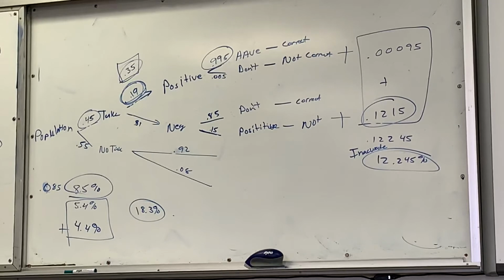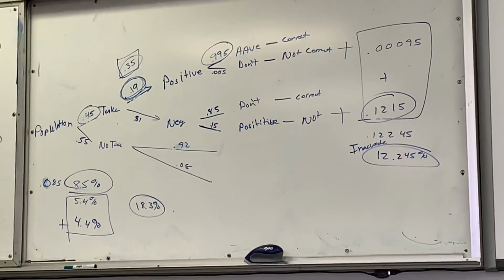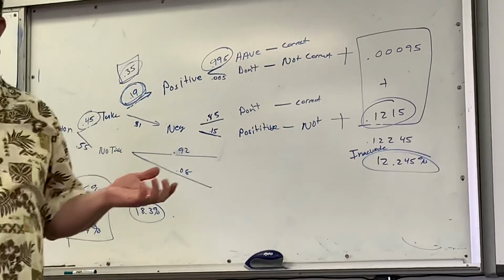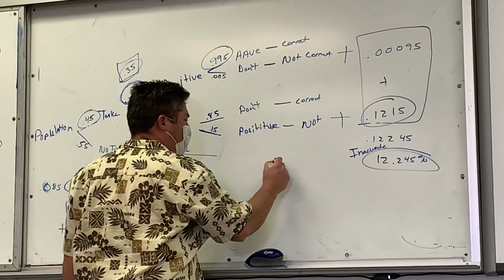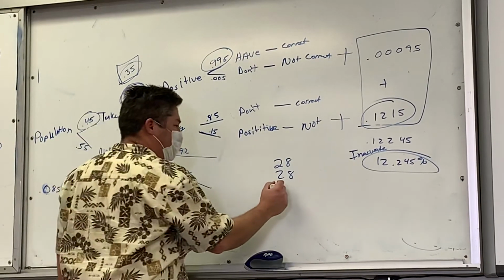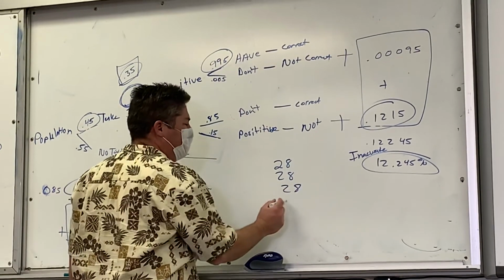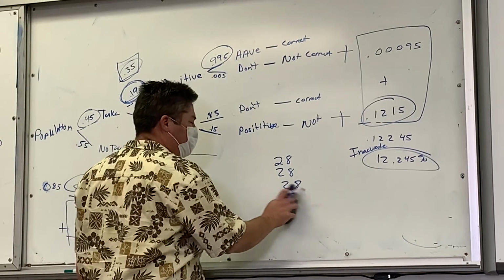How many are on the basketball team? At least 1 or 2. How many are on the girls' basketball team? Seriously, I'd say close to, we'll go a little higher, about 28. And there's 28 on the boys. There's about 28 wrestlers. How many swimmers are there?